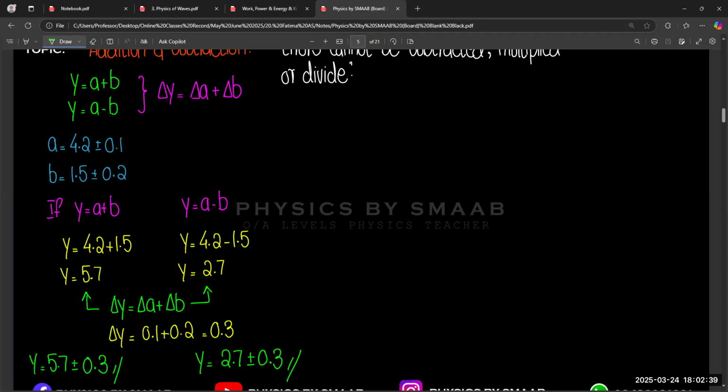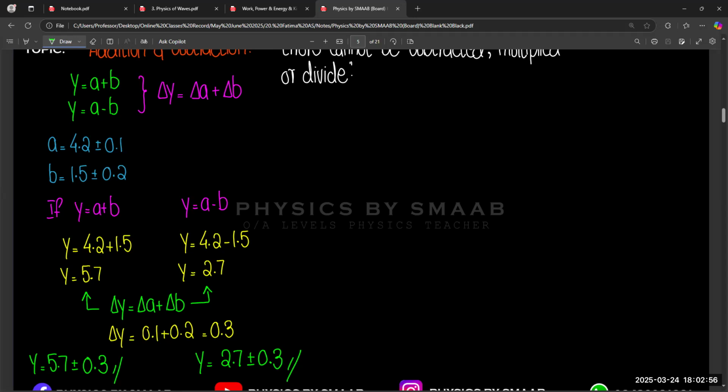And in the same way, if we consider the multiplication and the division case, because we considered addition and subtraction, and we got the idea that always we have to add the errors, it will not be subtracted.